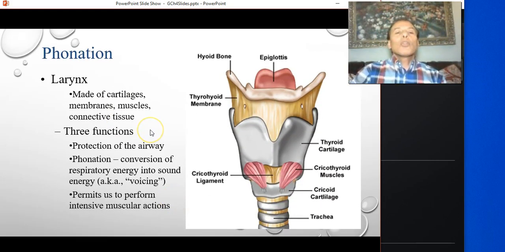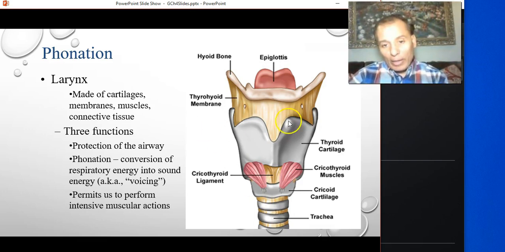And now, phonation is the process of making sounds, the process of making a voice, a buzz. And that is made by the larynx. So the larynx is made out of primarily cartilages, except for a single bone that sits on top of the larynx, and that bone is called the hyoid bone.